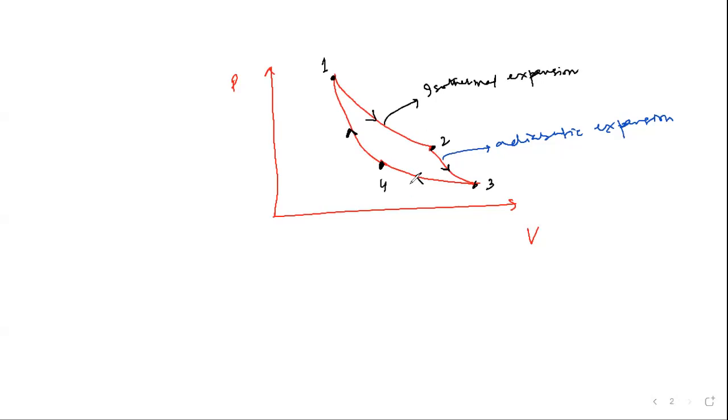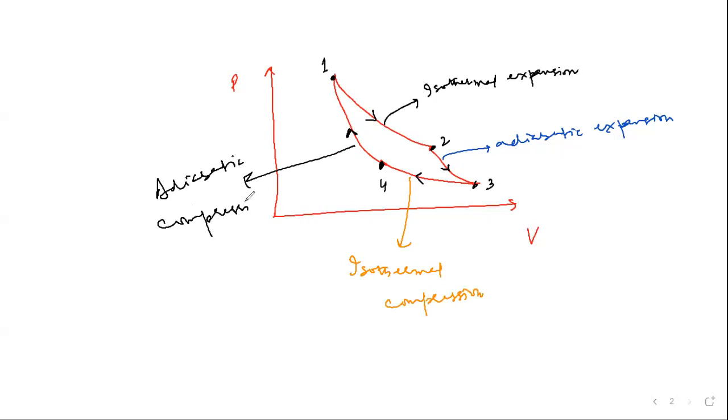This is isothermal compression, and this is adiabatic compression, right? So first isothermal expansion, then adiabatic expansion, then isothermal compression, then adiabatic compression.